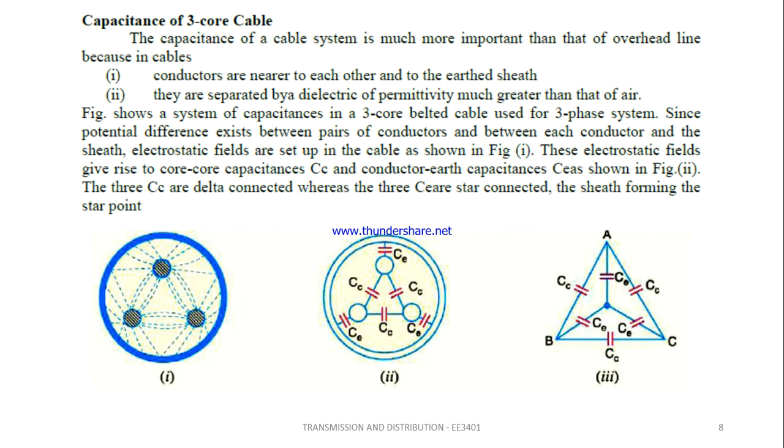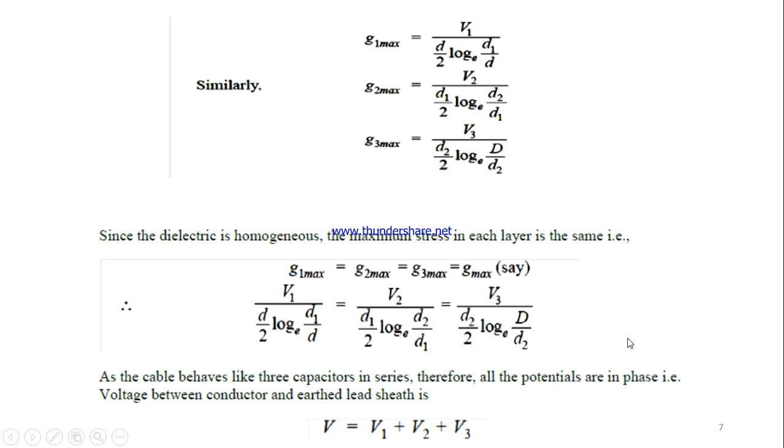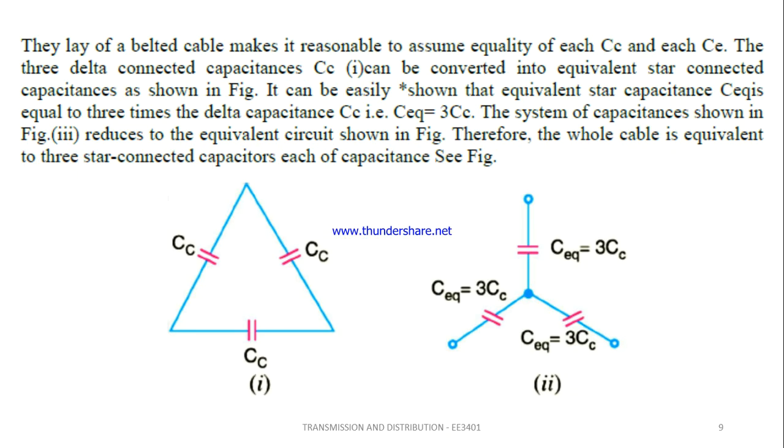The conductors which are nearer to each conductor and which are earthed can be consolidatedly considered as a star shaped one and a delta shaped one. We can see the star shape as CE, CE, CE, and the CC, CC, CC are in delta shape.